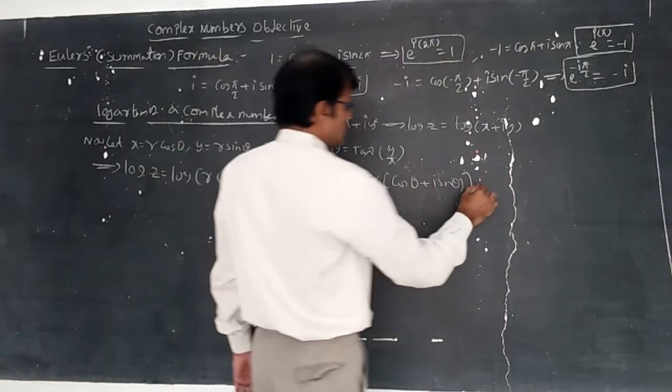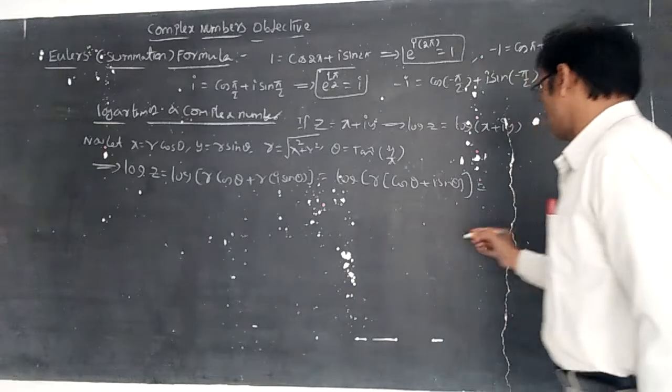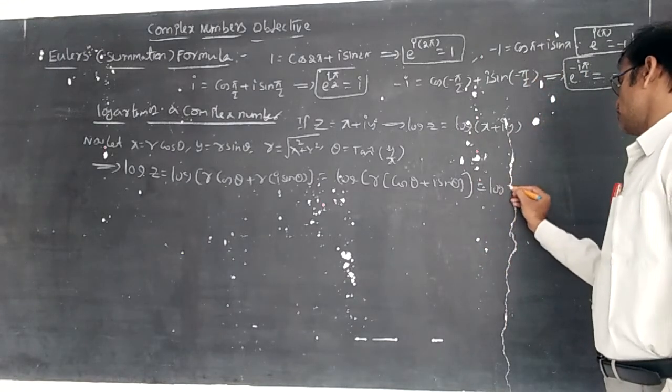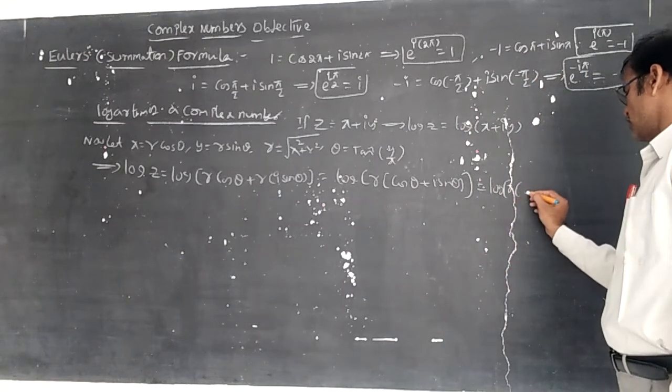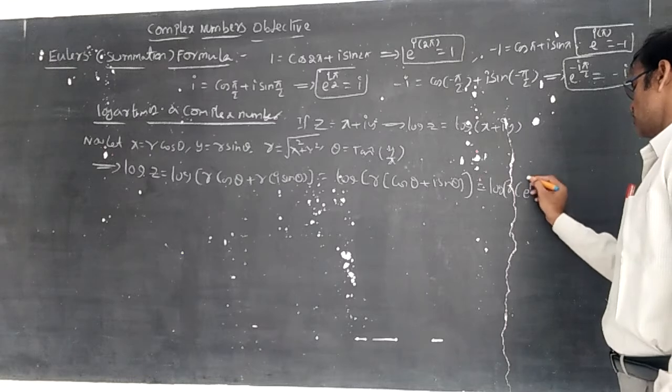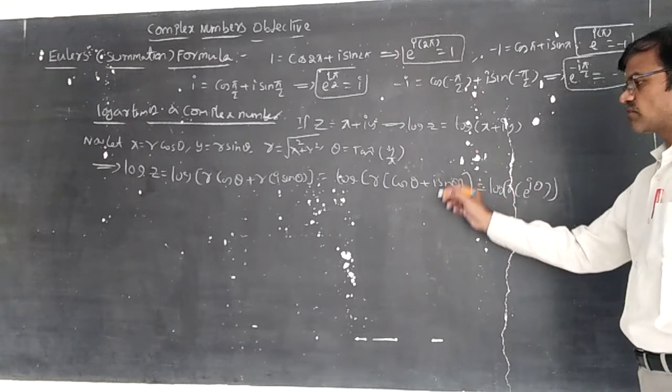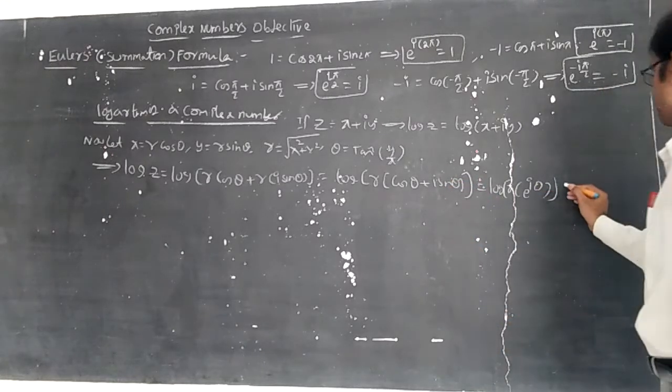That is equal to log of r into e power i theta, because you have the formula cos theta plus i sin theta.